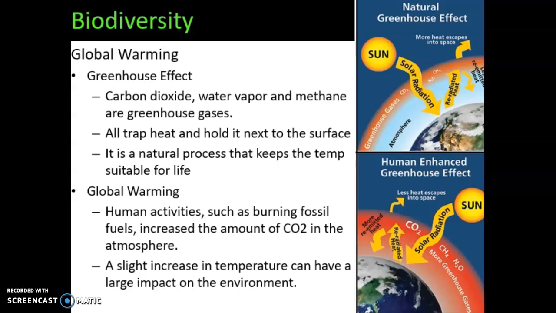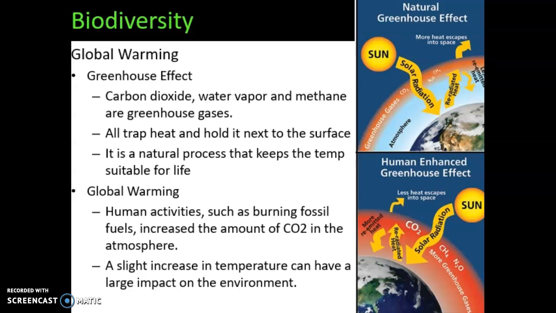All these gases build up, and that blanket that kept us warm gets thicker and thicker. So now we trap in more of the sun's energy, and that's why the average global temperature is increasing over time because of the buildup of these greenhouse gases due to human activities.